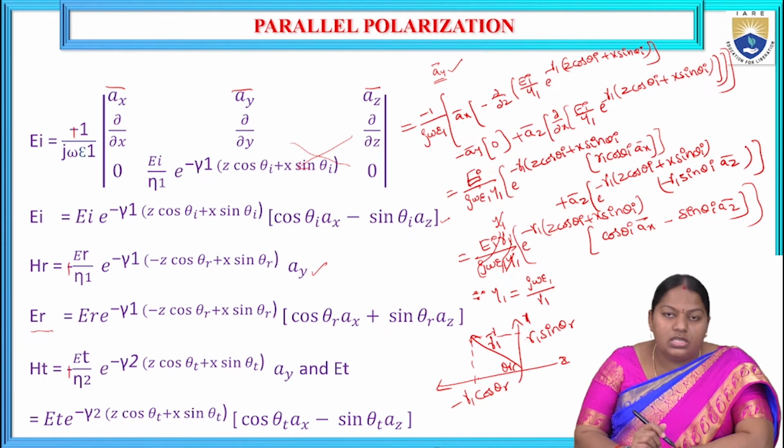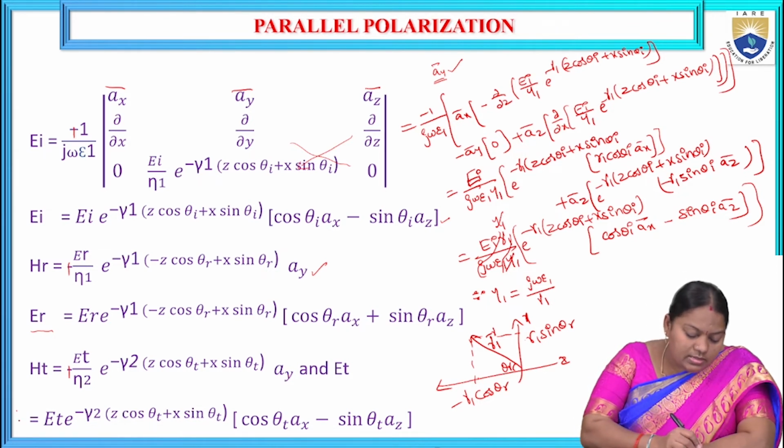Angles theta I are also replaced by theta t. Why? Because the transmitted wave field strengths exist in medium 2. So Ht equal to Et by eta 2 e power minus gamma 2 into z cos theta t plus x sine theta t into ay.